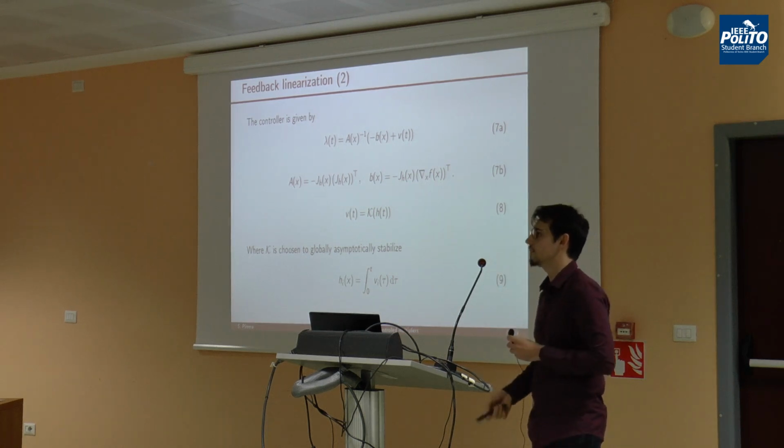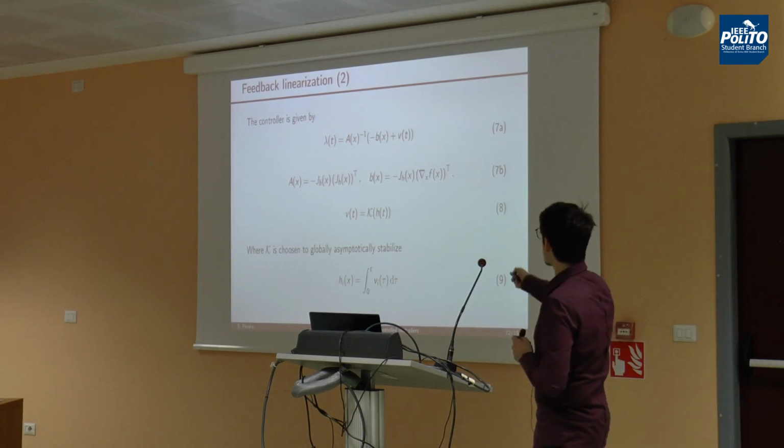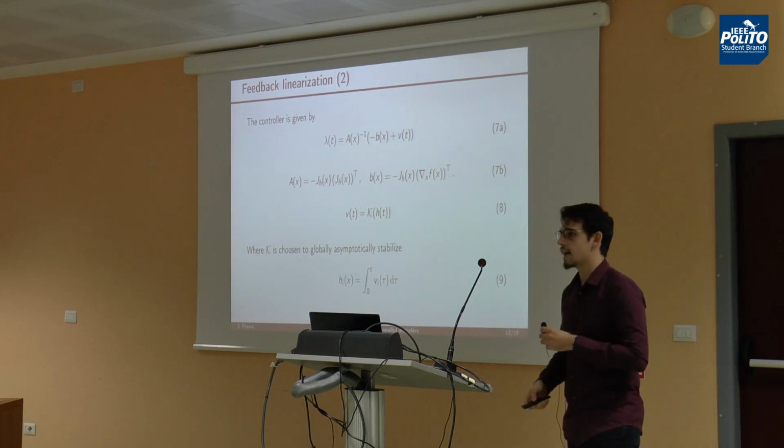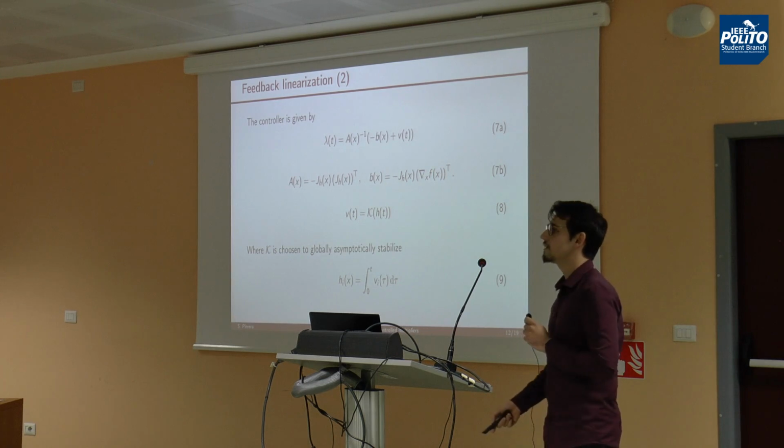I will not enter into the details of this equation. The only thing that I would like to remark is that we have some degree of flexibility in designing this controller, because the calligraphic K in this equation can be chosen as we like, as long as it is a dynamical system which stabilizes the integrator dynamics.